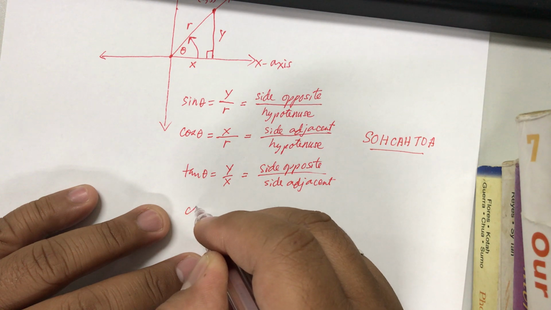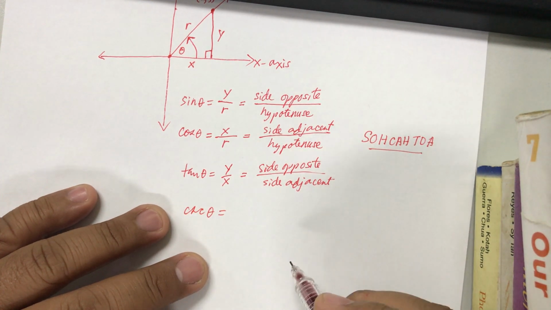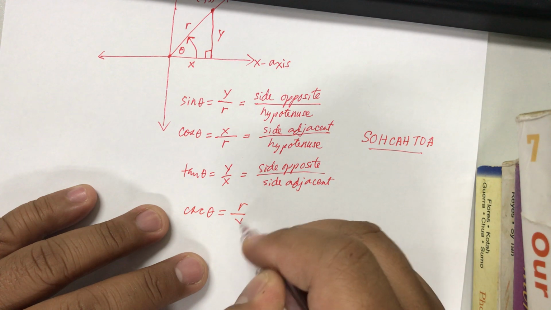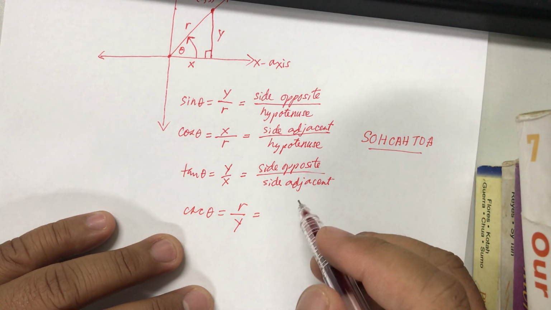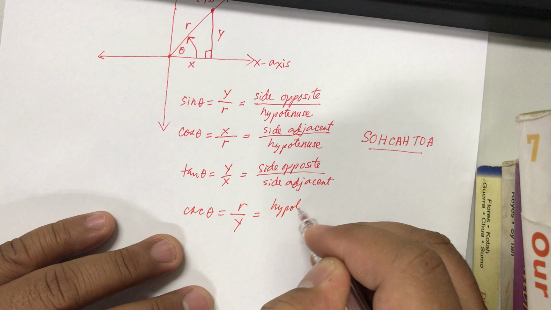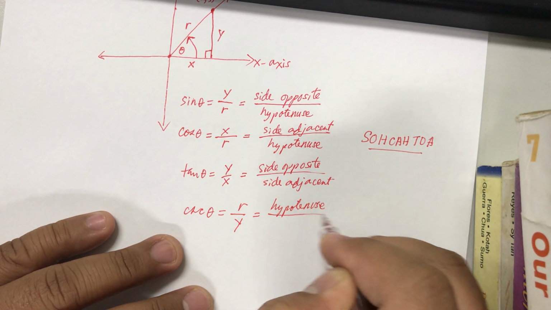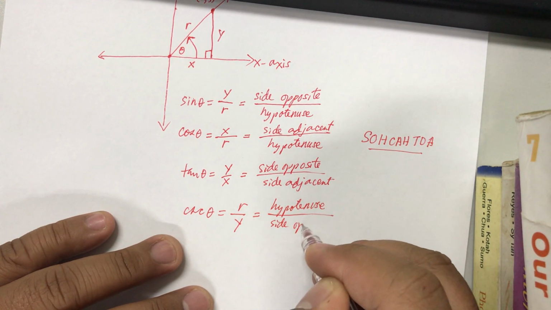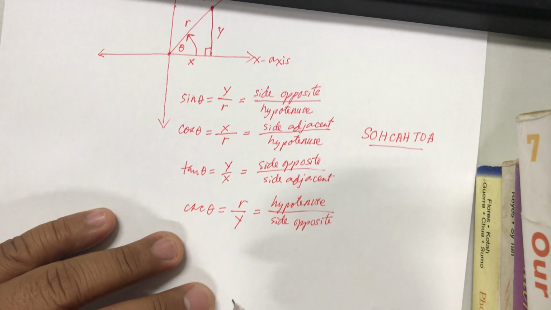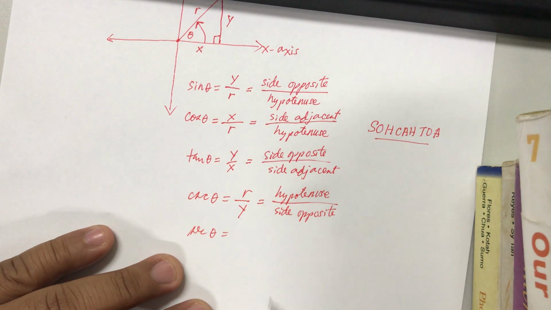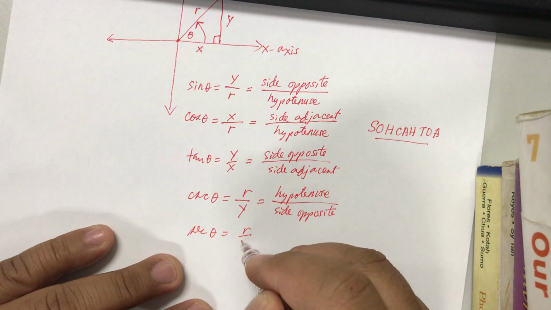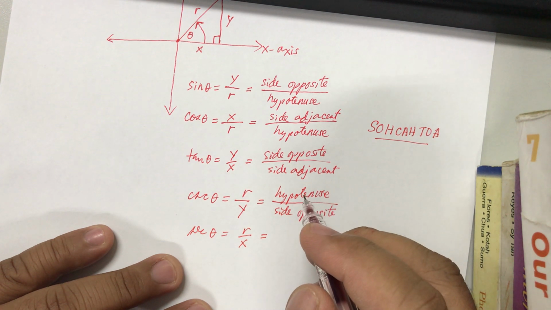Then you have the cosecant theta, defined as r over y. Take note that cosecant theta is the reciprocal of sine theta. So that would be hypotenuse over side opposite. Next is secant theta, defined as r over x. Secant theta, which is r over x, is the reciprocal of cosine theta.